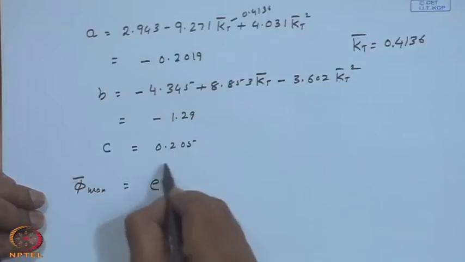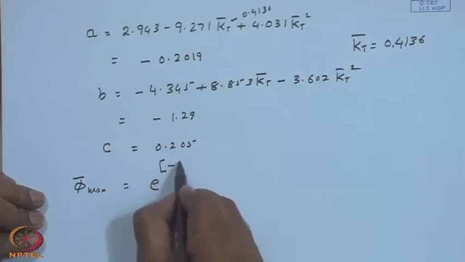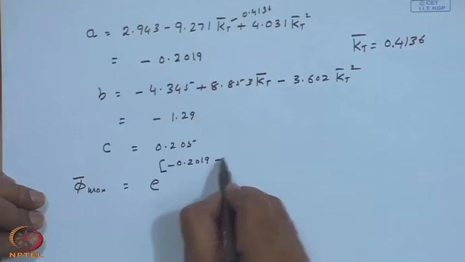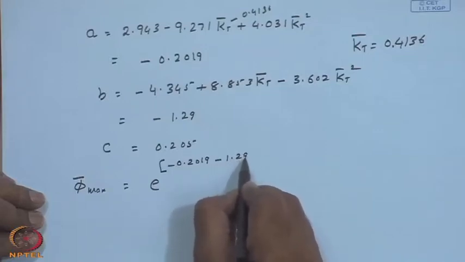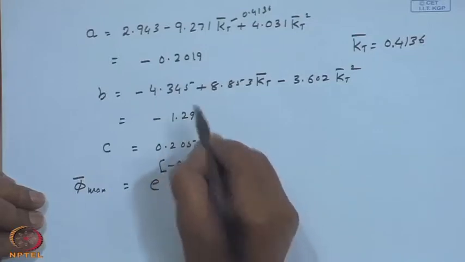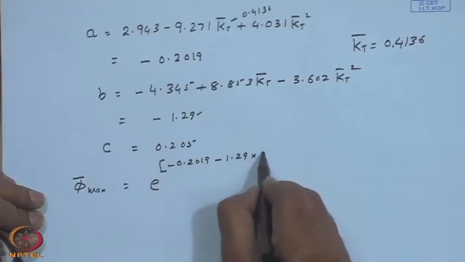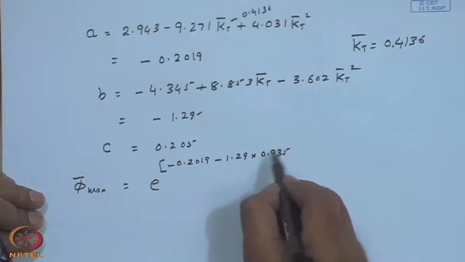So, phi bar max is e to the power minus 0.2019 minus 1.29, that is this, into Rn by R bar, which will be 0.935.